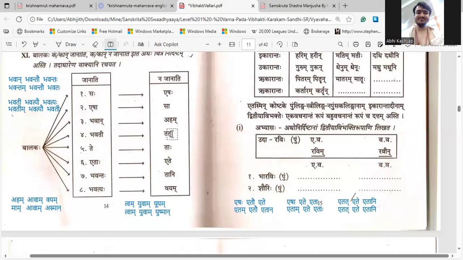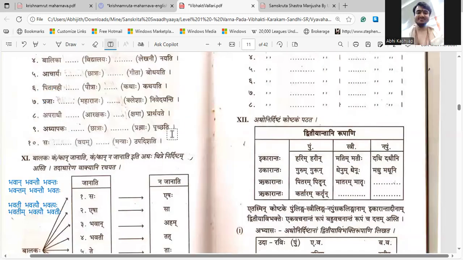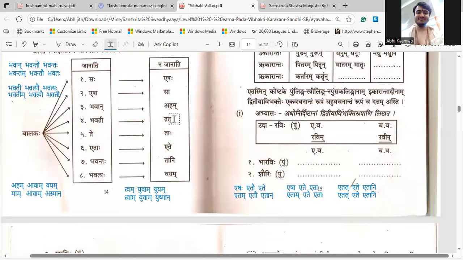Then tat. Tat will remain the same in Dvitiya Vibhakti, since it is napumsakalinga. So tat na janati. Then te. You have to go back.